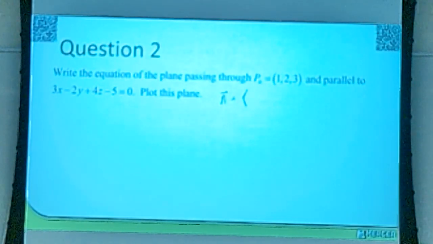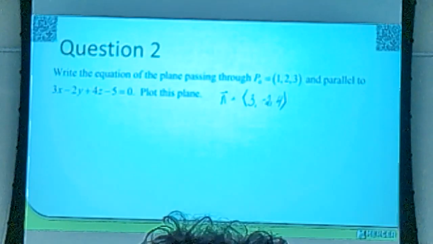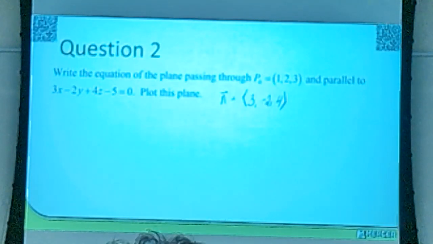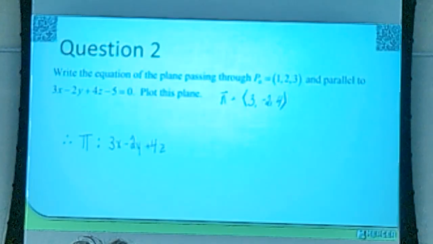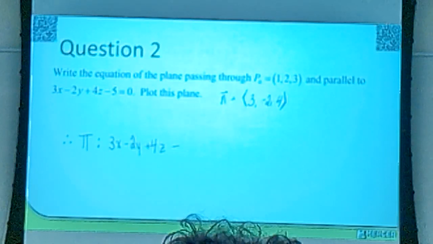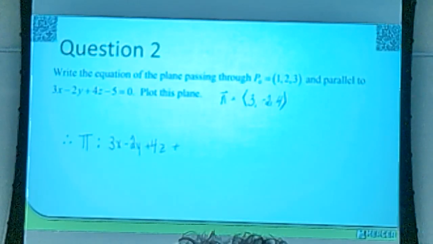3, negative 2, 4, 0. So our plane would then be given by that, the same, plus a constant.